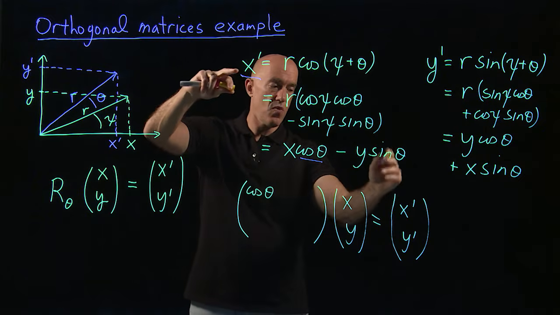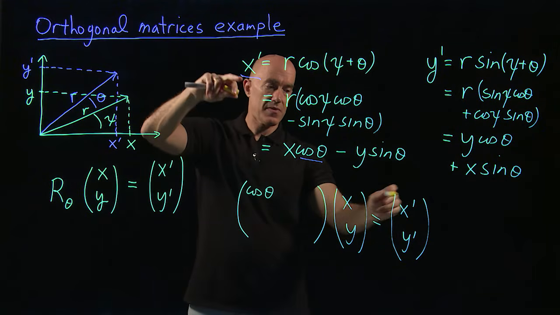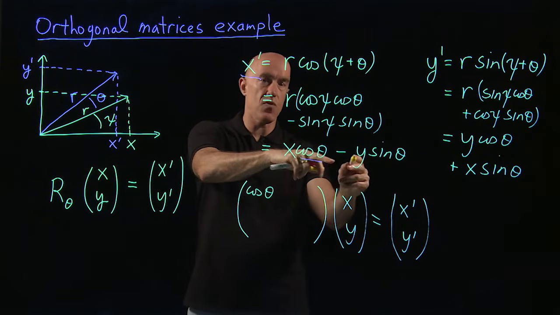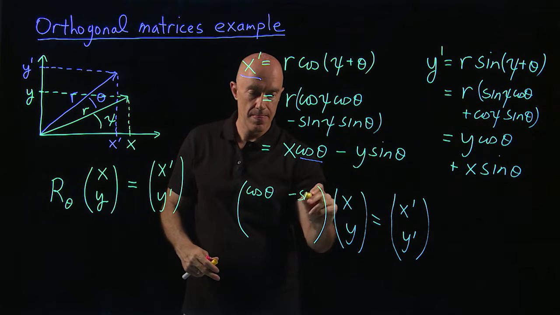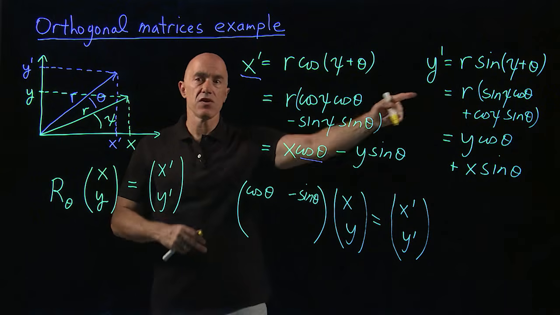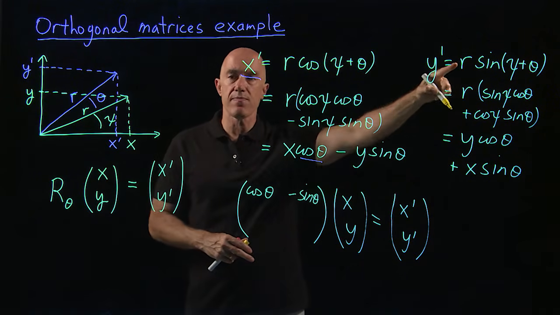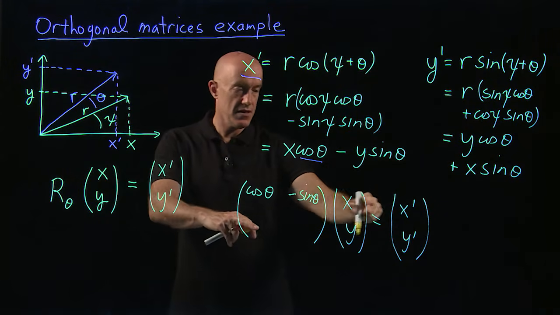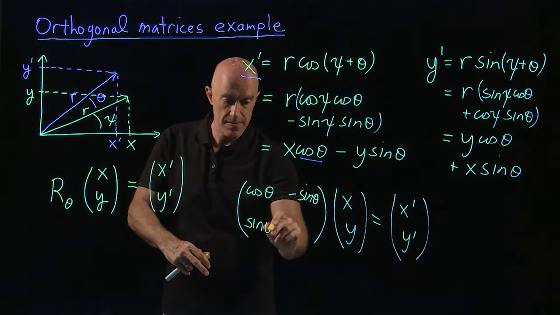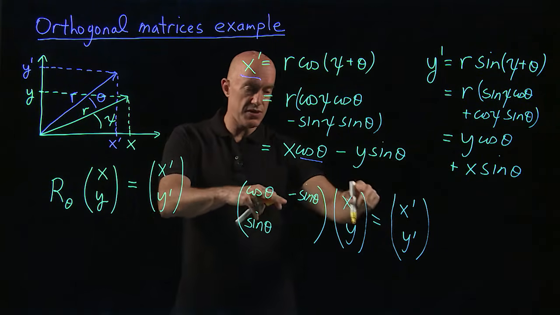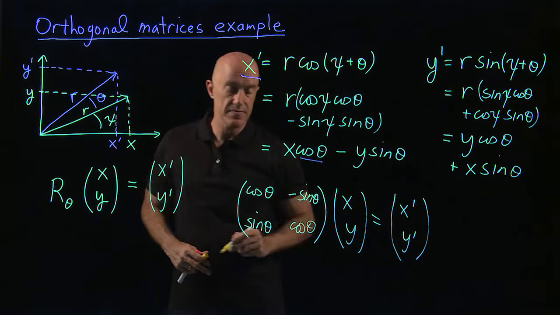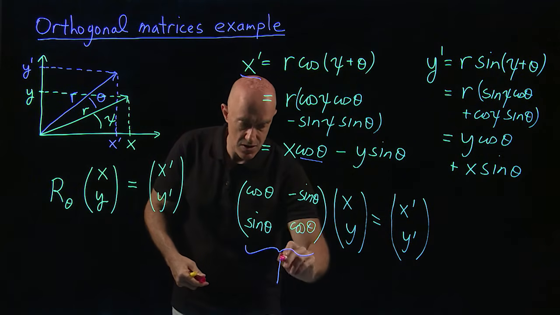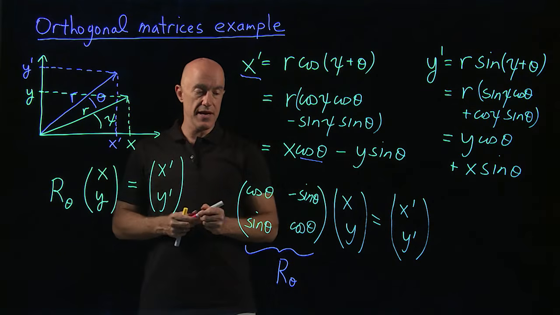And something times x plus something times y gives us x prime. The thing times y is minus sine theta. Okay? The second row of this matrix comes from the y prime equation. So y prime is equal to x sine theta, so this is sine theta, plus y cosine theta, so this one is cosine theta. Okay? So this is our rotation matrix. So this one is our R sub theta.